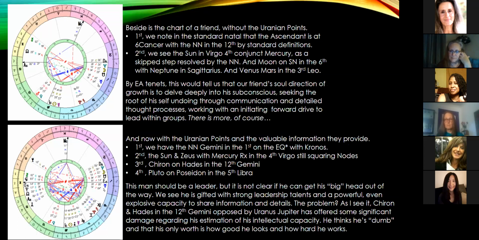But the problem seems to be that Chiron and Hades in the 12th and Gemini is opposed by Uranus right there on the descendant with Jupiter. And it appears that that's offered, as I wrote here, some significant damage regarding his estimation of his intellectual capabilities, his capacity. He feels that he's dumb.